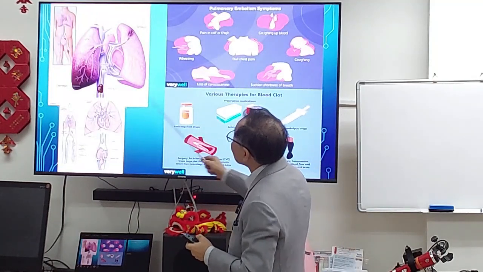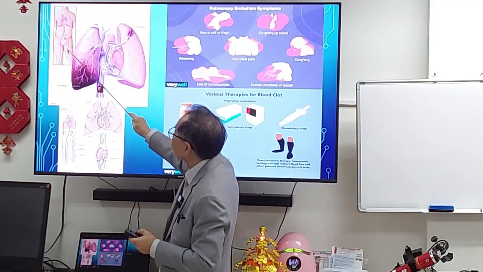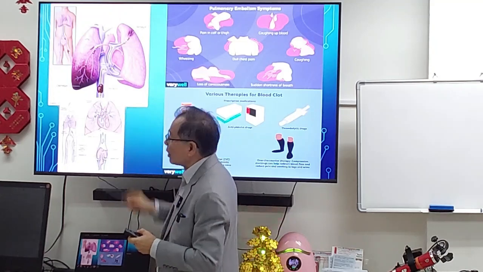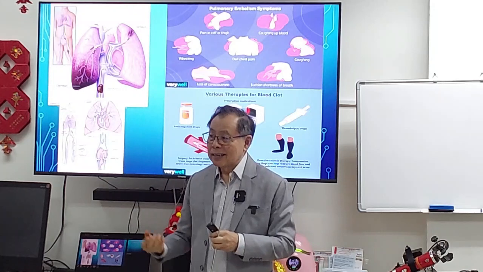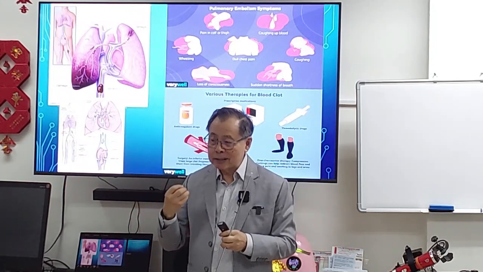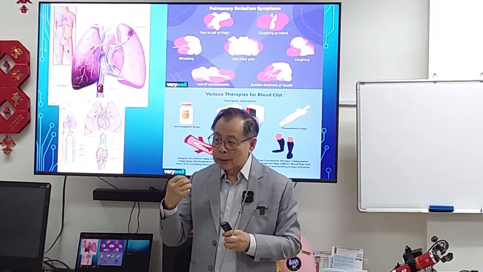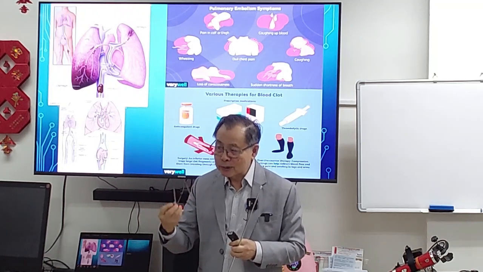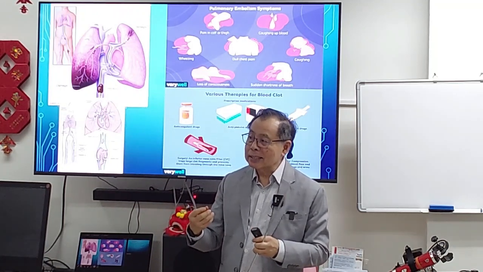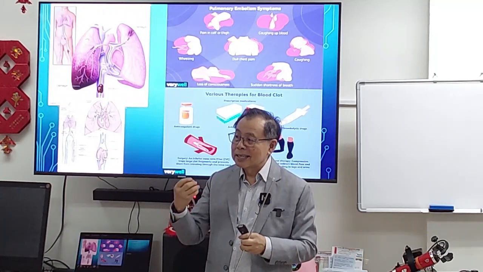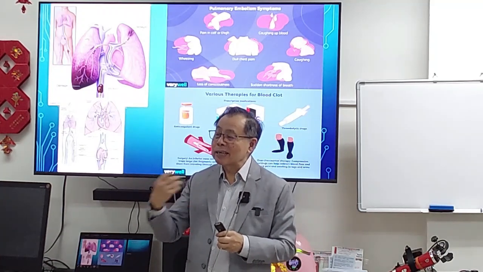So, the blood clots can come from your legs, deep vein thrombosis. That's why nowadays we encourage people to make sure that their muscles are contracting by exercising their legs and walking around.